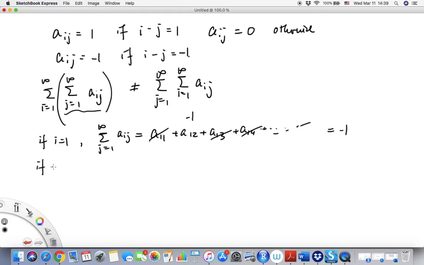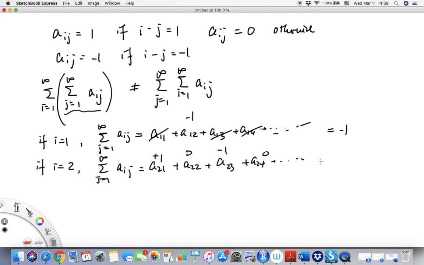Now, if i is equal to 2, then the sum over j from 1 to infinity of a_ij would be a21 plus a22 plus a23 plus a24 and so on. We'll see that a21 is equal to plus 1, and a23 is equal to minus 1, and the rest of the terms are 0.